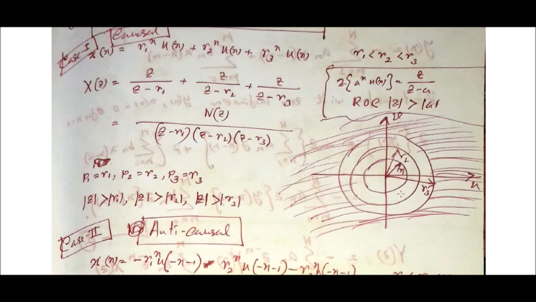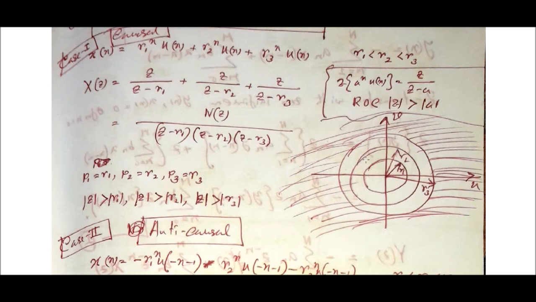See that for this case the common ROC will be the ROC of r2, that means the second one, because in between r1 and r2, the ROC of r1 is okay, but there is no ROC of r2 lower than r2.